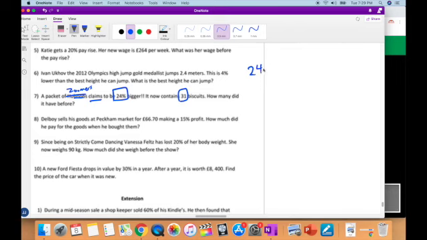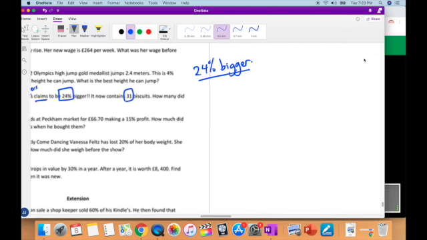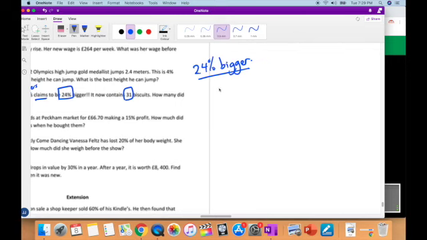So it is 24% bigger, and now that it is 24% bigger, it has 31 biscuits in it. 124% equals 31.